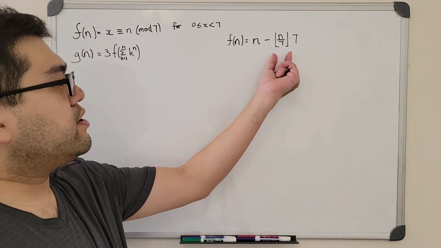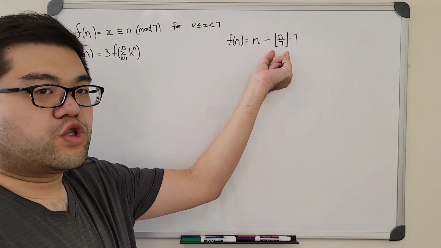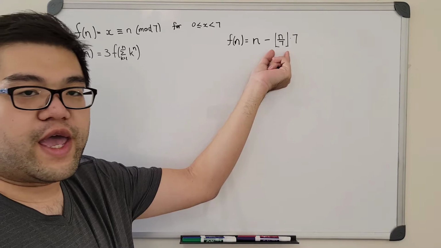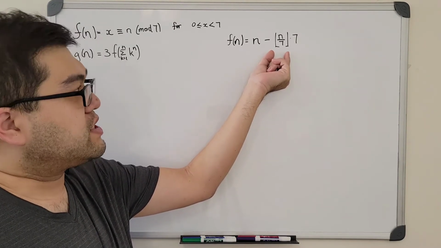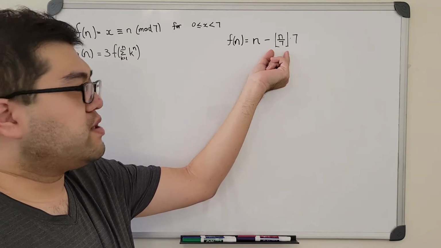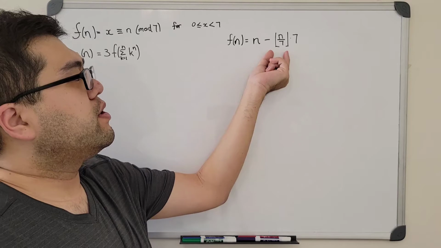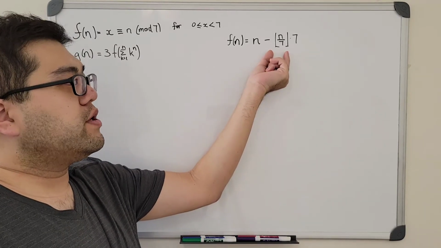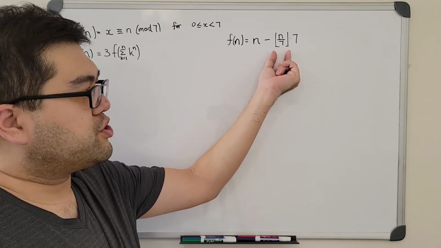When we take the floor function, we are taking the quotient part of n over 7, so that any remainder is ignored, or if there's no remainder, it's just an integer.